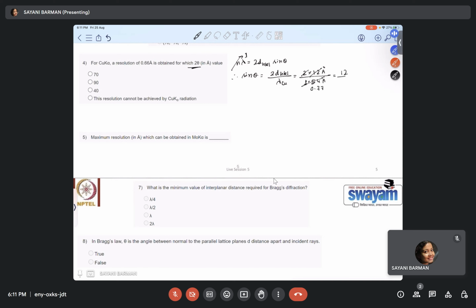So it is 0.77 over 0.6. This is 1 by sine theta. Then theta would be sine inverse of, if I invert this also, it will come around 1.17. And we know the sine theta value can maximum go up to 1. So this is invalid.